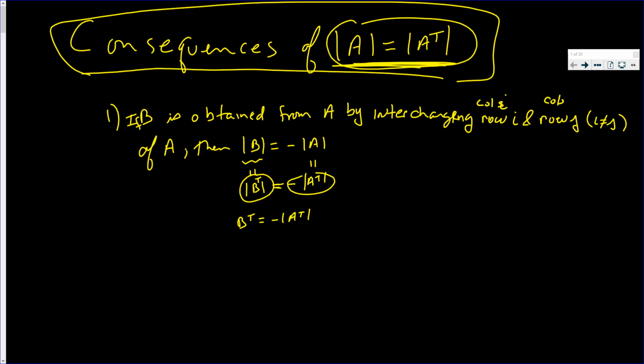Column I and column J. If matrix B is obtained from matrix A by interchanging column I and column J of matrix A, then the determinant of B is equal to the determinant of B transpose. So I could replace rows with columns.